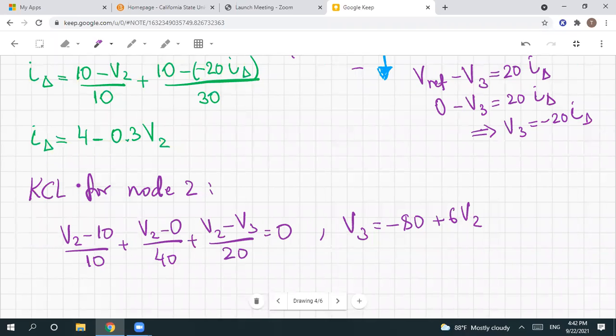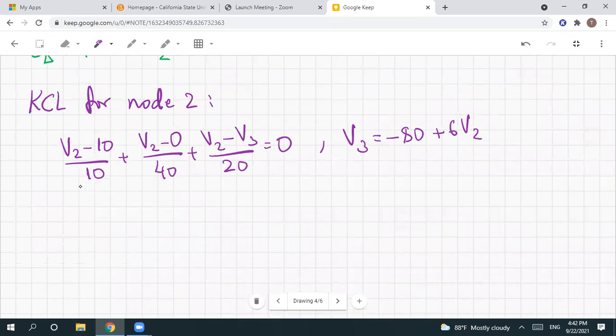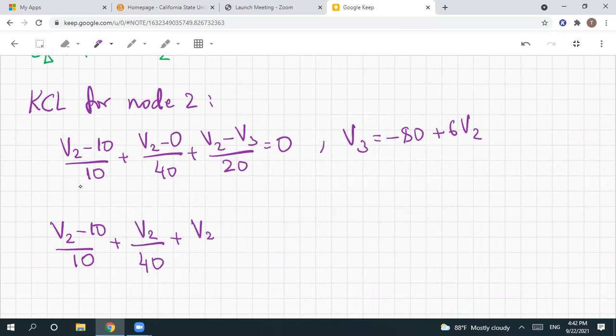It will be V2 minus 10 over 10, plus V2 minus 0 over 40, plus V2 minus V3, which is minus 80 plus 6 V2, over 20. This is equal to 0.